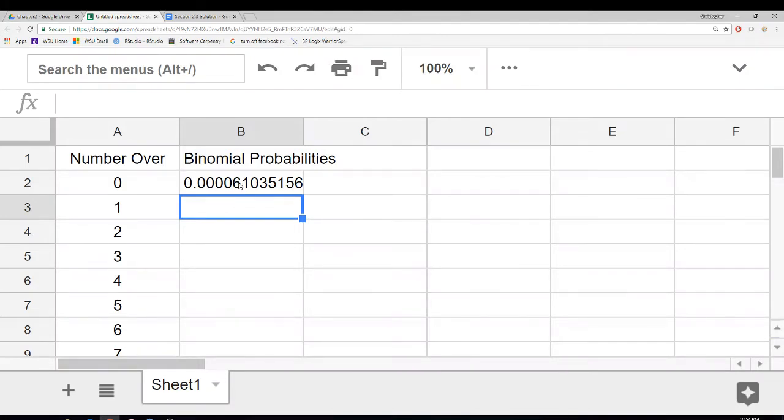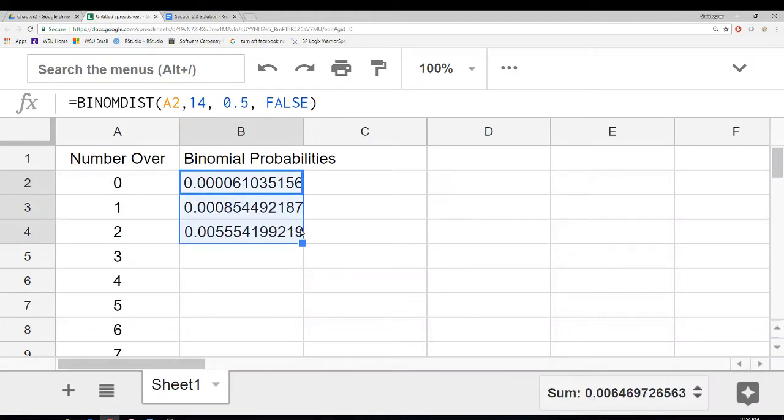Now, in order to obtain the binomial probabilities for the remaining values on my number line, I just need to go back into that cell where I typed in that formula, and I can drag that down, as we did with our list, obtaining these different probability values.